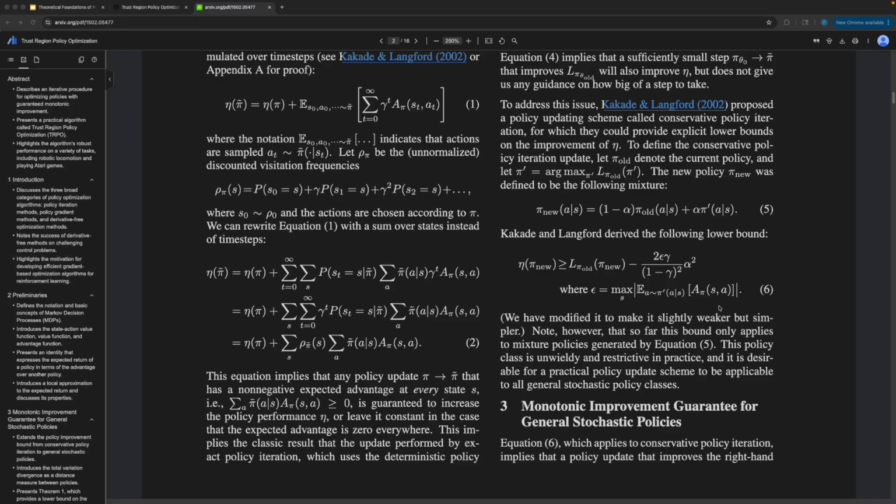However, this type of policy, the π_new being a mixture policy, is restrictive in nature, and in TRPO they give a practical policy update mechanism which is applicable to all stochastic policy classes.